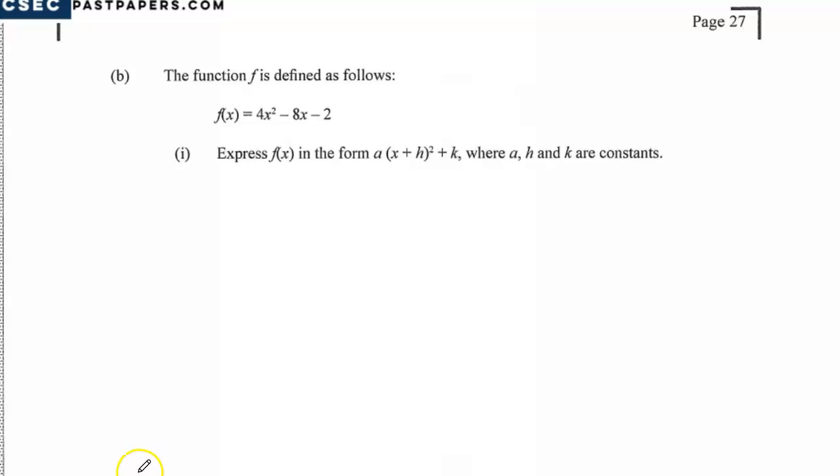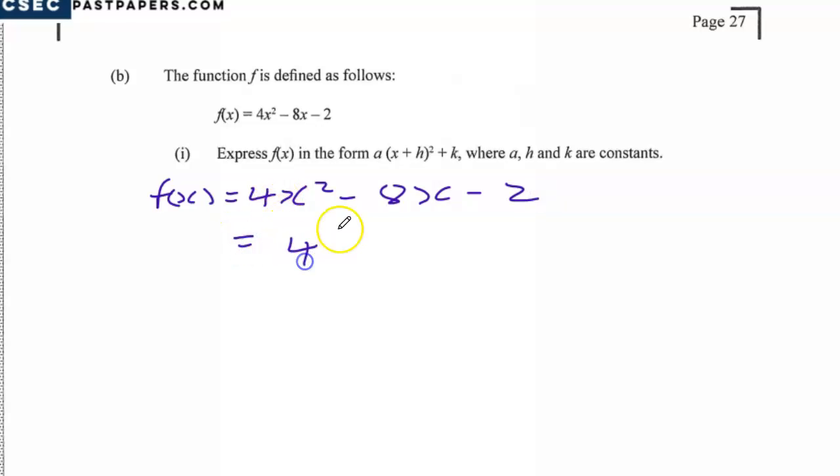A function f of x equal 4x squared minus 8x minus 2. We're asked to write it in the completed square form. So f of x is 4x squared minus 8x minus 2. To get it in completed square form, we factor out 4, we're left with x squared.